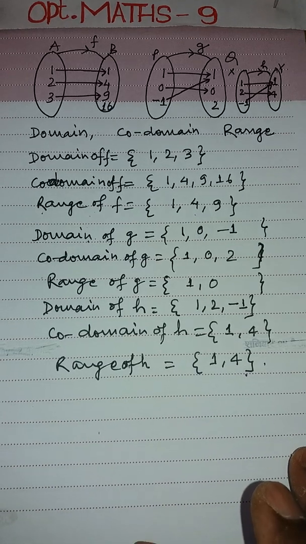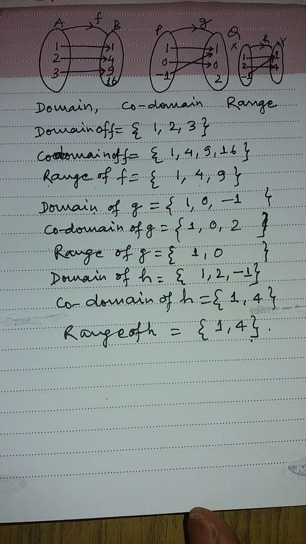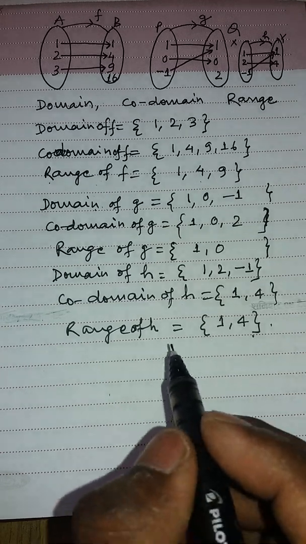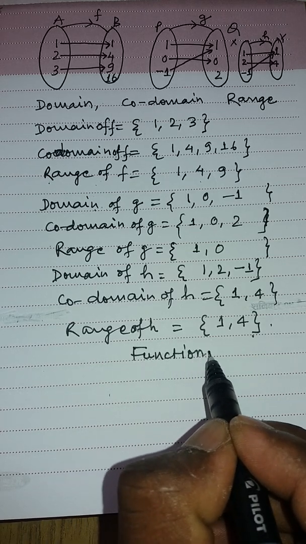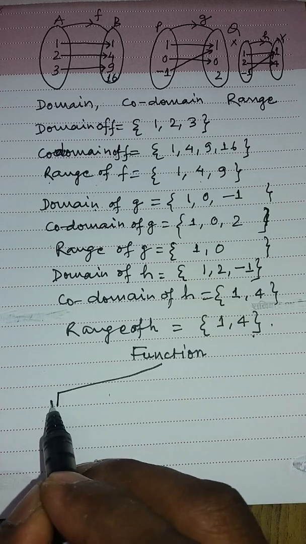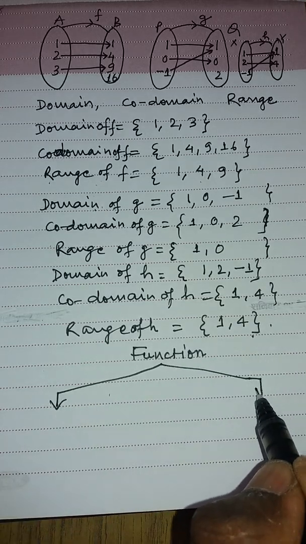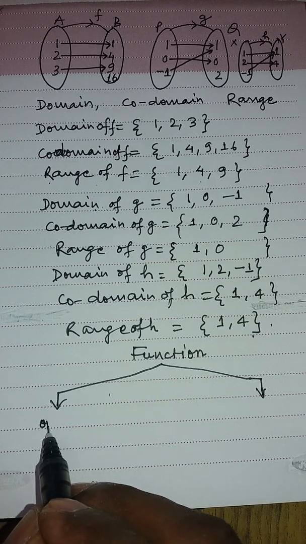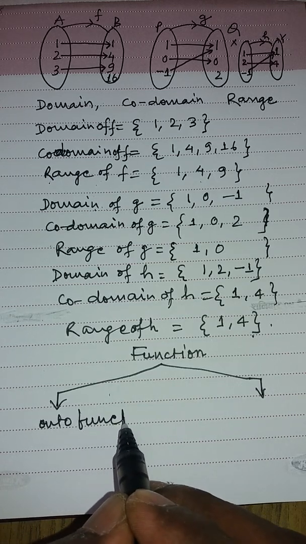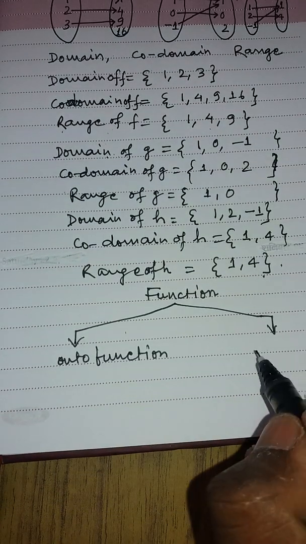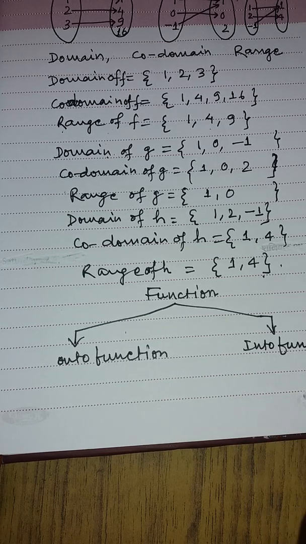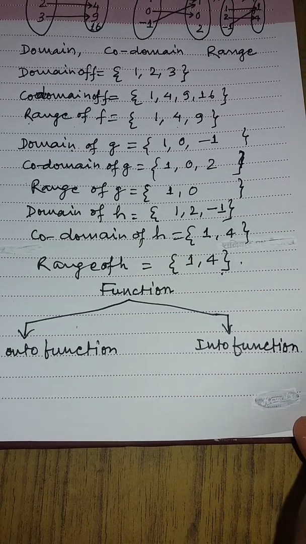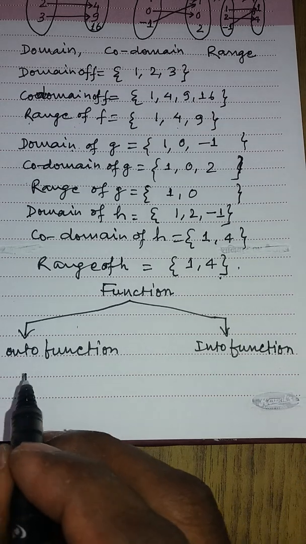If sometimes the codomain and range are equal, then what will happen? I am going to teach you in the case of onto function and into function. See here, types of functions. I am going to tell you about types of functions. Here is onto function. And here is into function. From here only I want to make you understand about the onto function.